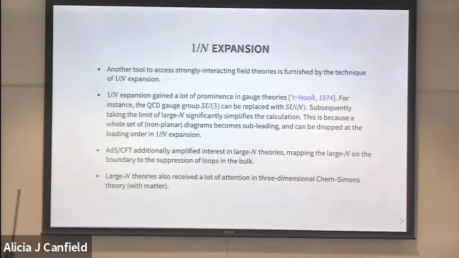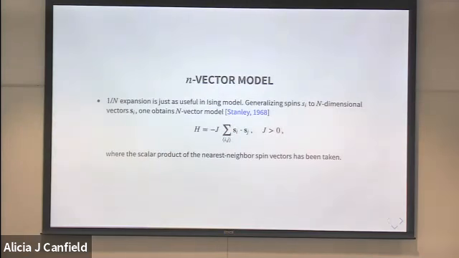In three-dimensional Chern-Simons theories, in particular coupled to matter, large n methods also received plenty of attention recently. However, in the context of vector models, the history of large n also dates back quite a bit.